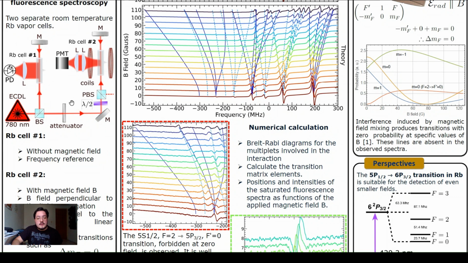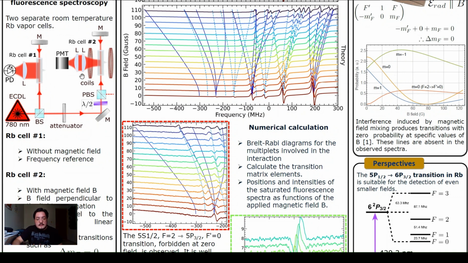In this section, the fluorescence signal of cell number 1, which is the frequency reference, is recorded with a photodiode detector. At the same time, cell number 2 has an external magnetic field, which is parallel to the direction of linear polarization of the incoming light.